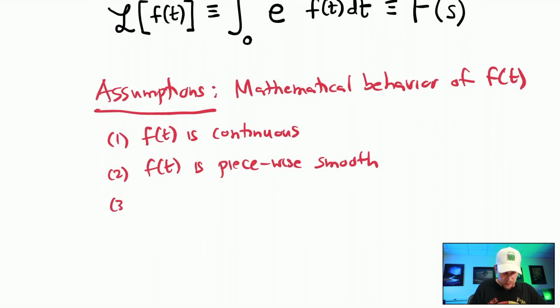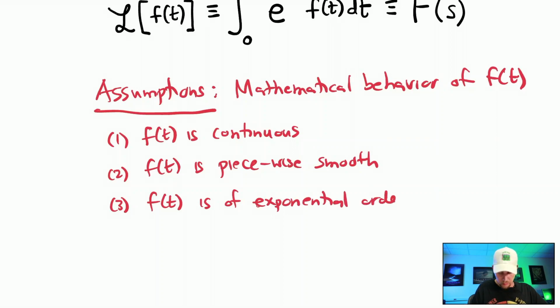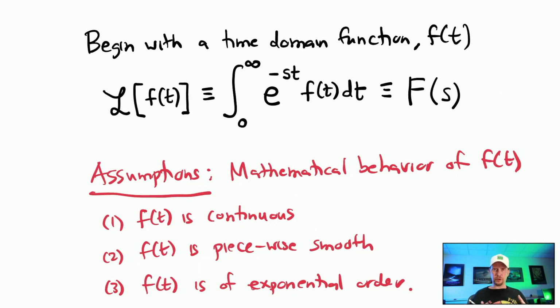And the last one is that f of t is of exponential order, right? The last term, the exponential order, means that for the Laplace transform to exist, f of t must decay in a particular manner.